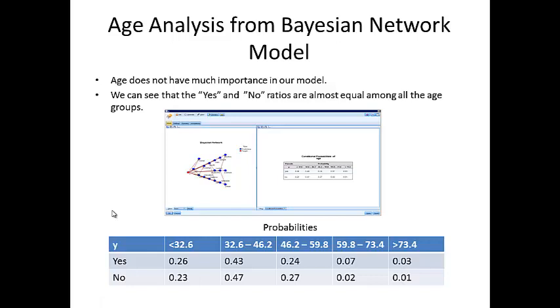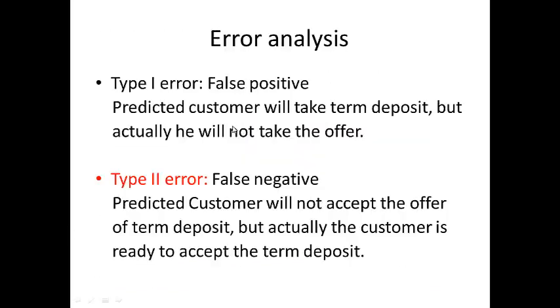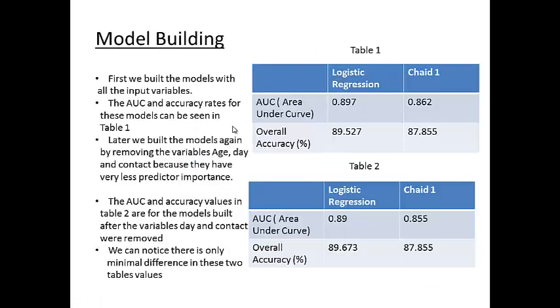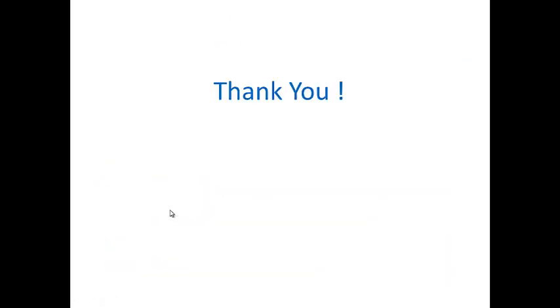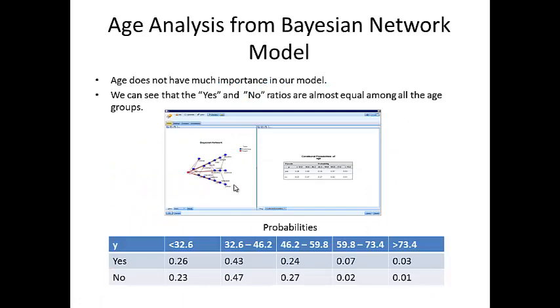And this is our Bayesian network, which we have used for analyzing the individual performances. Previously we ignored age, day and contact because they are of less predictive importance, and the Bayesian network clearly explains why.